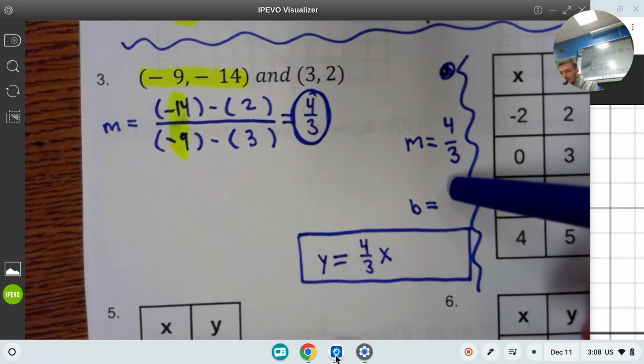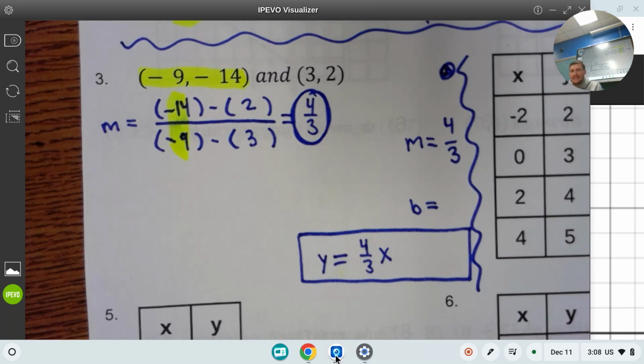Now we're on B. We're missing the B, but we have the M. So let's imagine this. Do we know any strategies where our 3 pieces of evidence, we have 2 coordinates and we have 1 slope? Do we have any strategy to find the B value if we have coordinate slope?